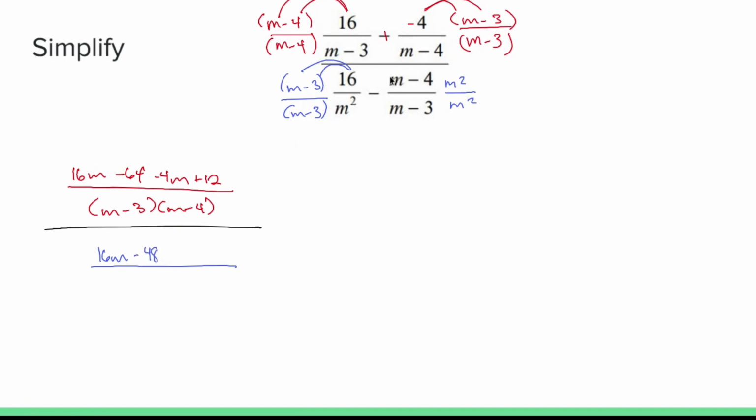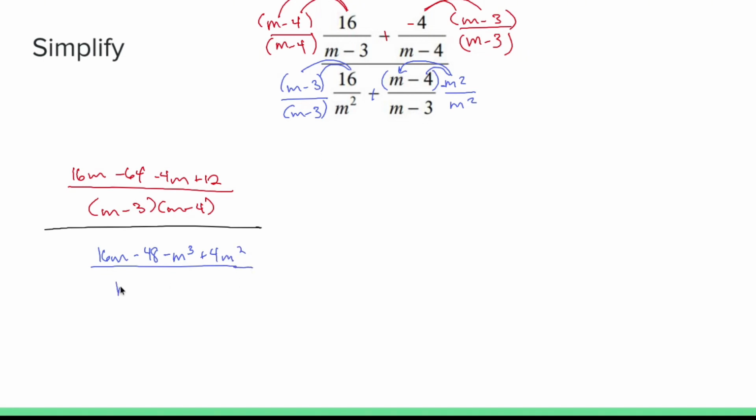This is a minus sign, so why don't I do what I did before and attach that and make it negative m squared. I'm allowed to do that, and do negative m squared times m, which is negative m cubed, and then negative 4 times negative m squared, which is positive 4m squared.